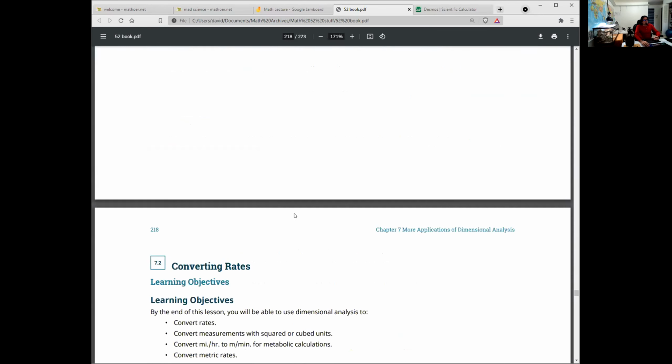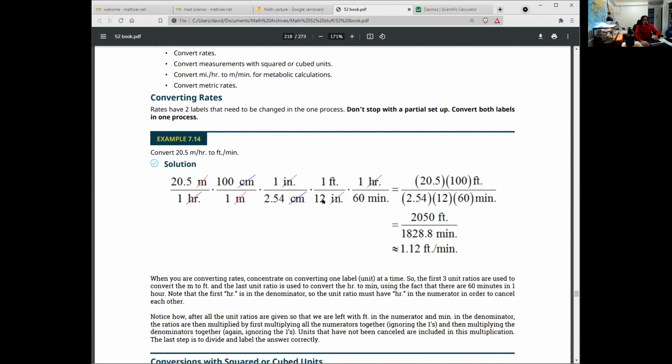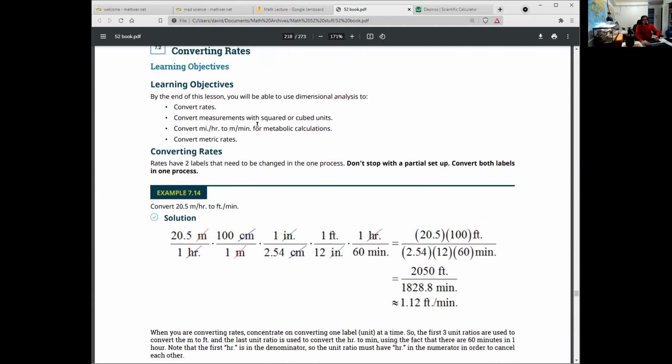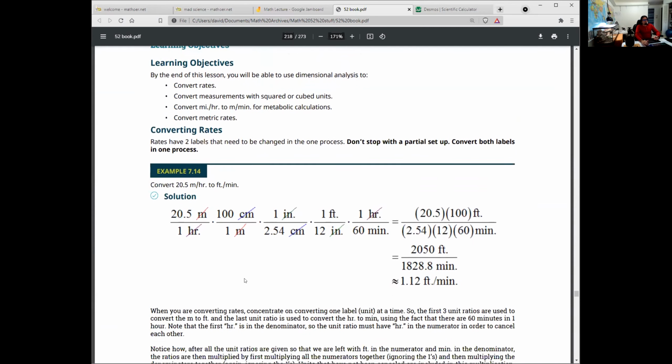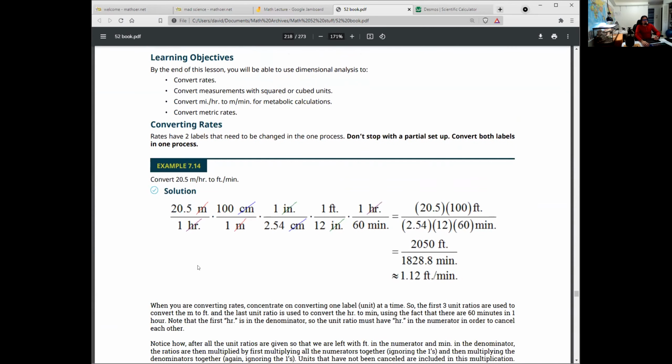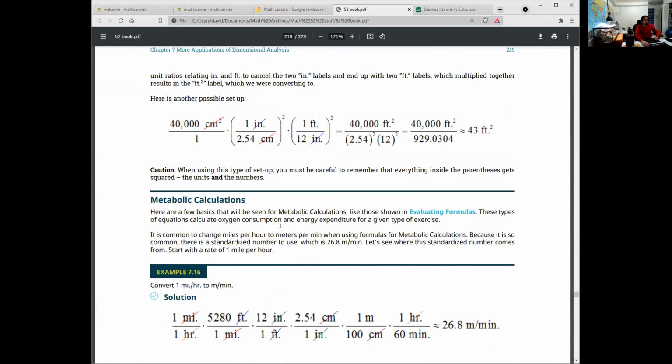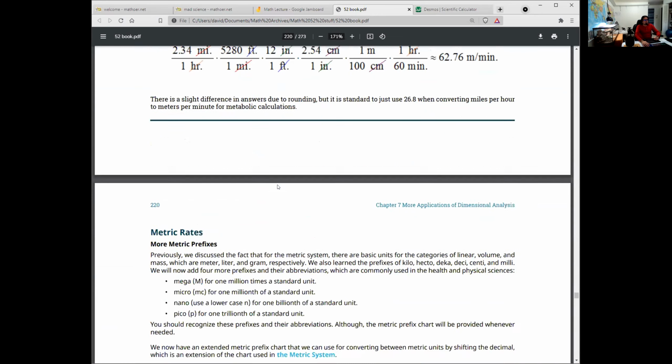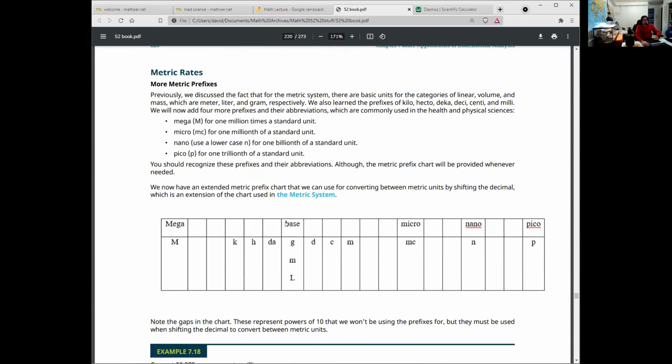Okay, so here we go. Converting rates. You just used unit analysis. They're pretending that you're sort of new to dimensional analysis, so they're giving you more examples, but not great because they've taught this to you before. So there we go. And they're giving it to you in different examples of things. And then they're giving you their metric system scoops.